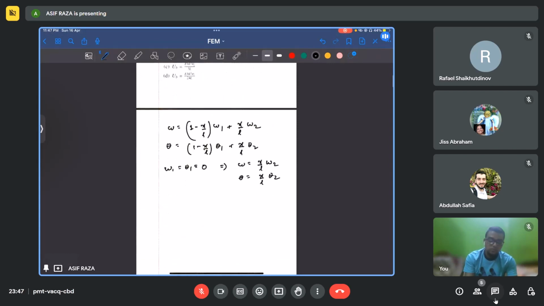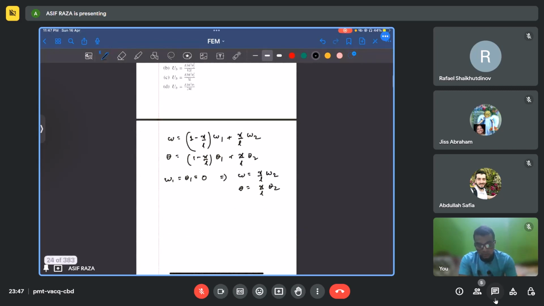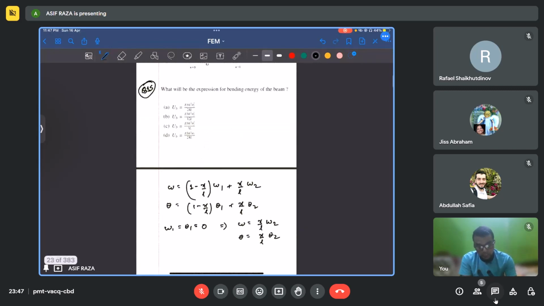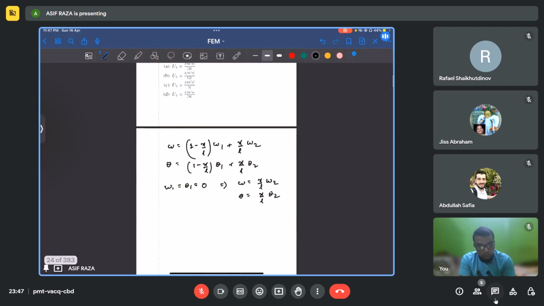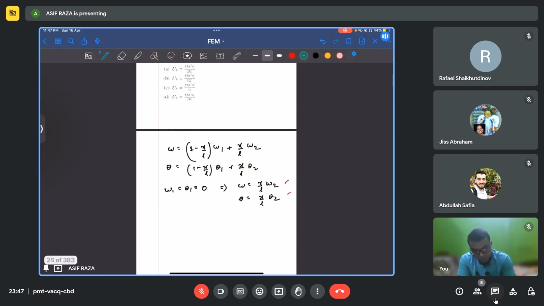We had a linear approximation for displacement as well as slope, and W1 and theta1 are 0. So W is equal to x by L times W2, and theta is equal to x by L times theta2. We need to find the bending energy of the beam, UB.